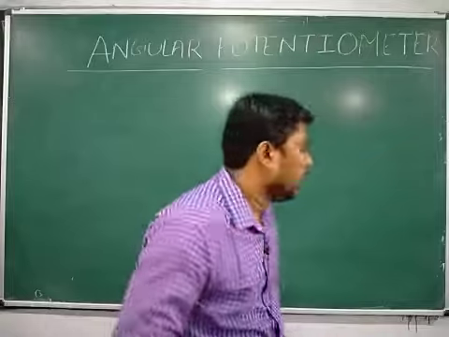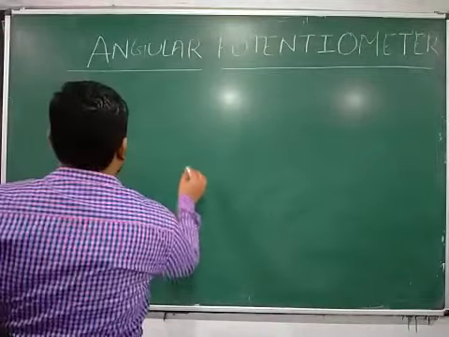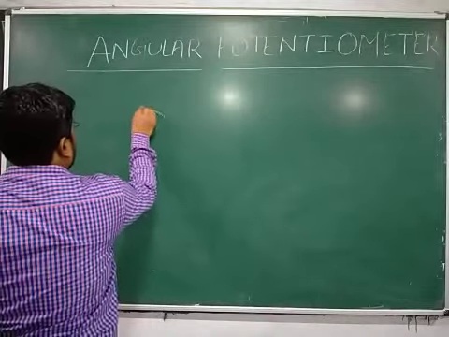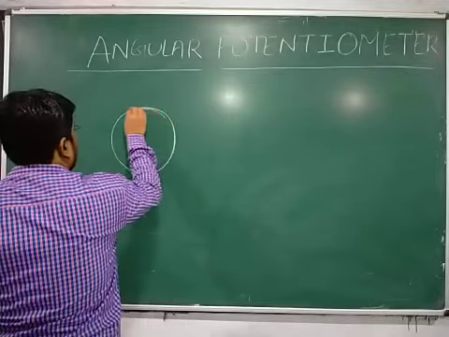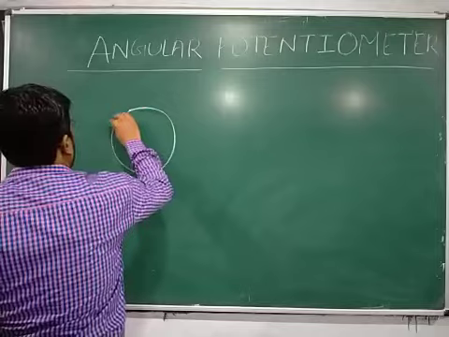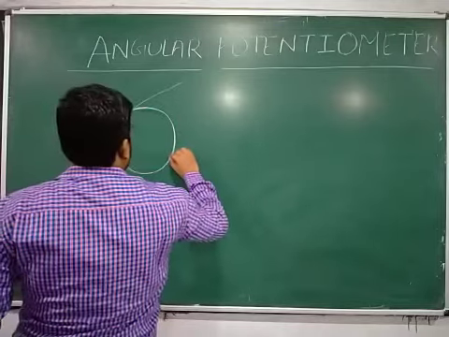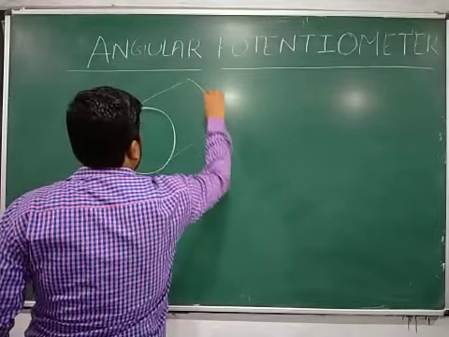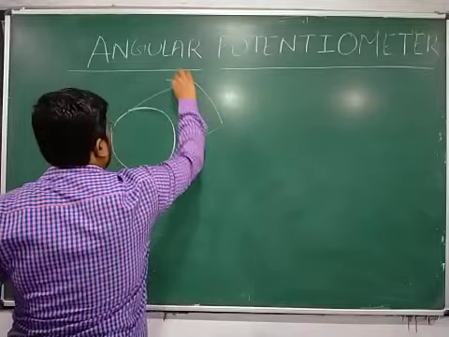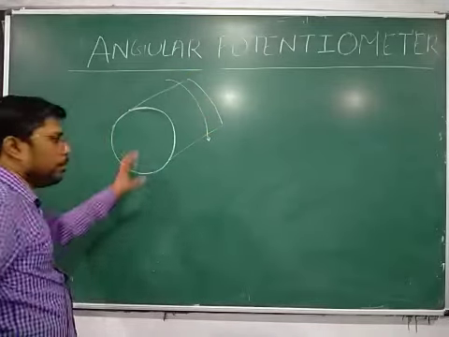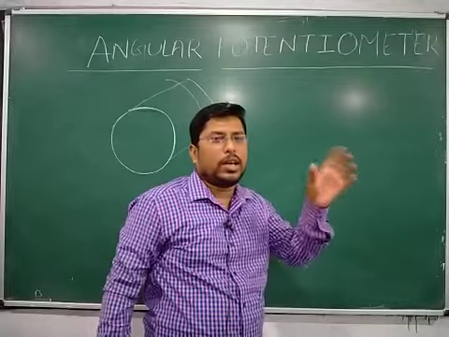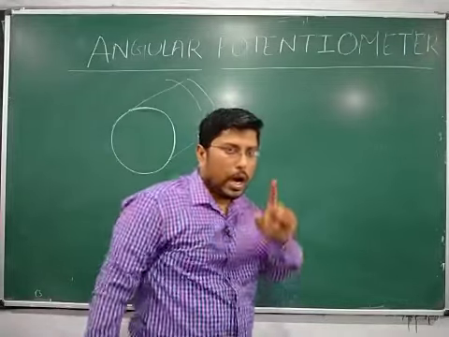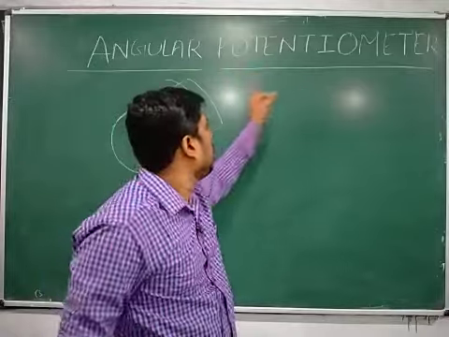Now look here. Suppose this is a shaft and it is rotating. I have to measure its angular twist or angular deformation or angular displacement. So what will I have to do? I have to use the angular potentiometer in the shaft.